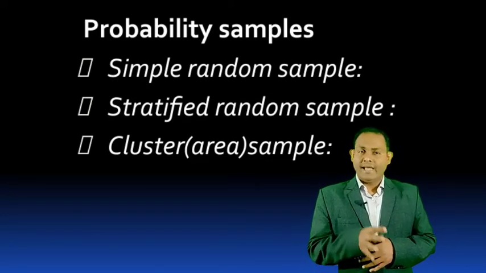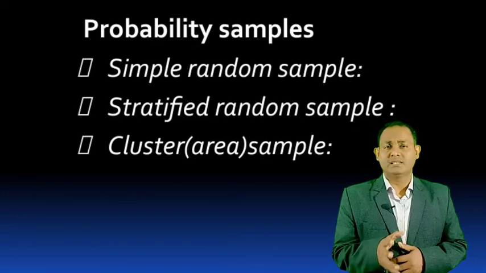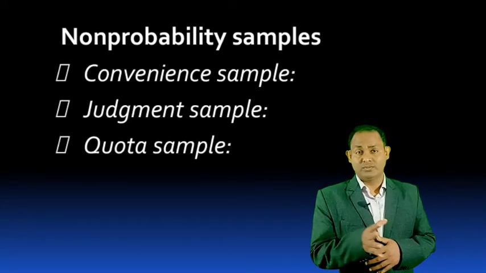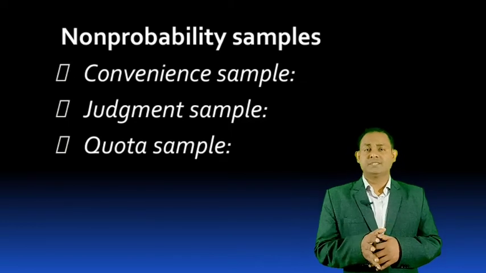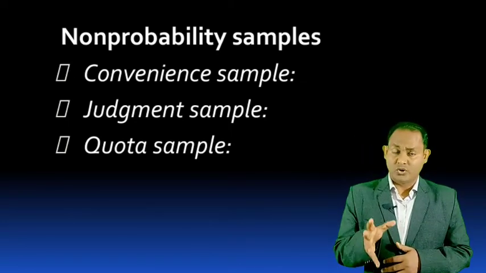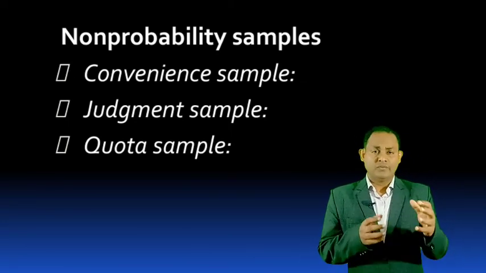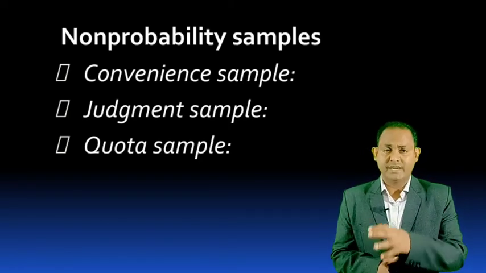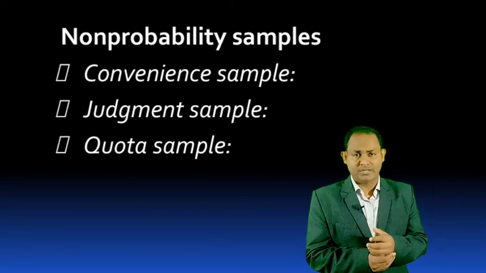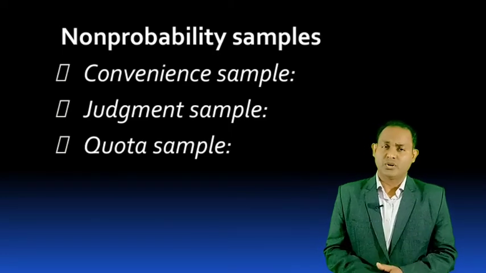It is very important. Non-probability sampling is divided into three types: convenience, judgment, and quota sampling. In convenience sampling, the researcher selects the easiest population members from which to obtain information.